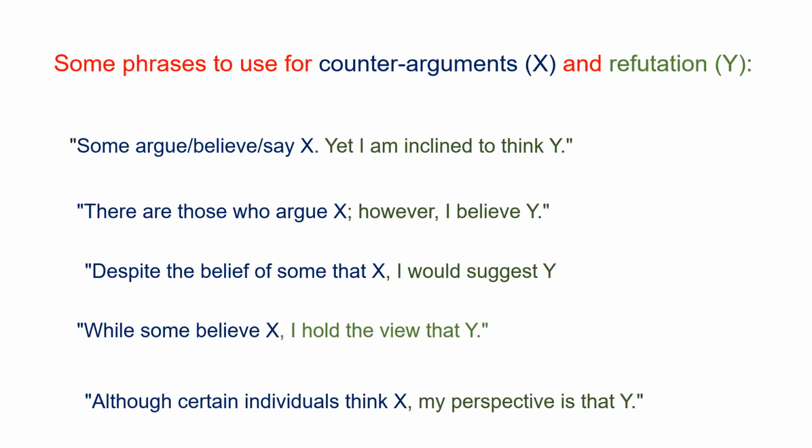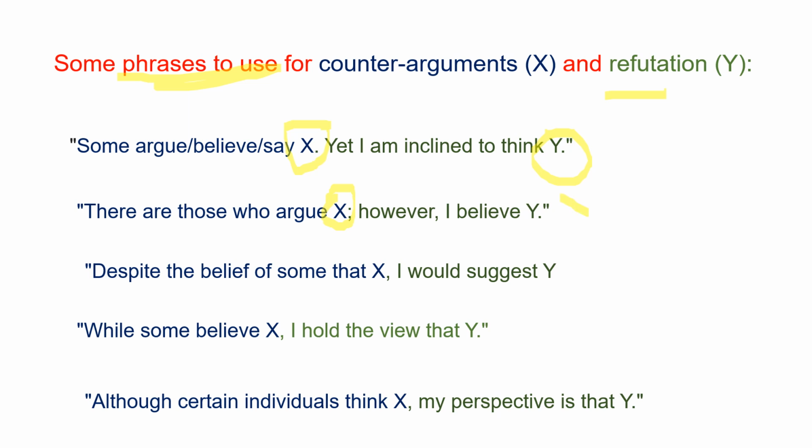You may read it. And here I'm going to introduce you to some phrases to use for counter arguments and their refutation. Like, some argue or believe or say, and here the idea will come, like student exchange programs are beneficial. And you may give your refutation: yet I am inclined to think, and your idea here. Then you may say, there are those who argue, and you put your argument, that mobile phones should be banned in school.